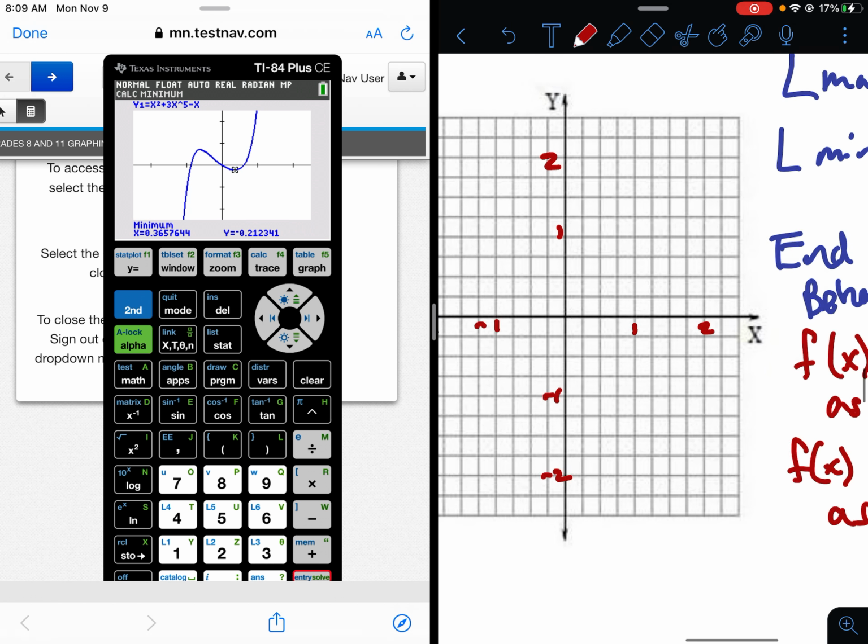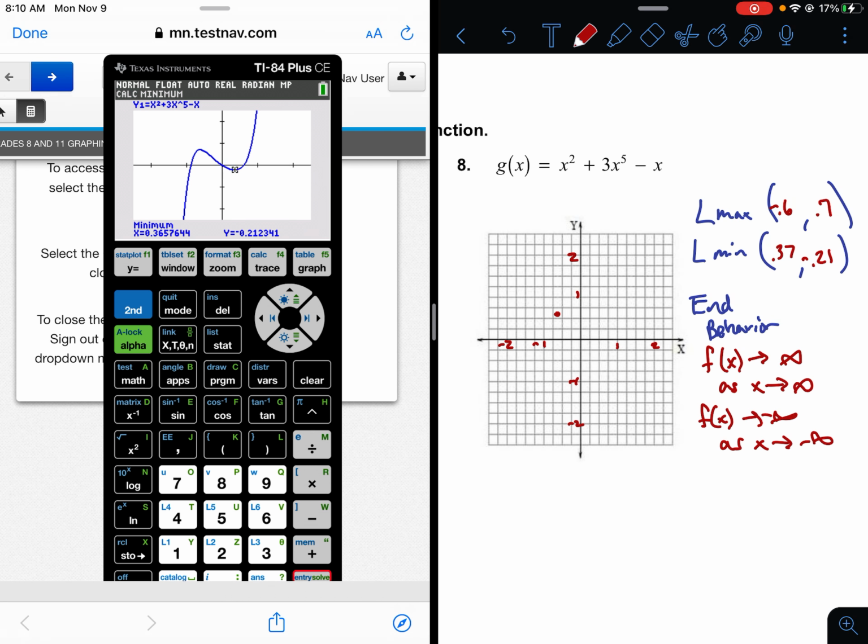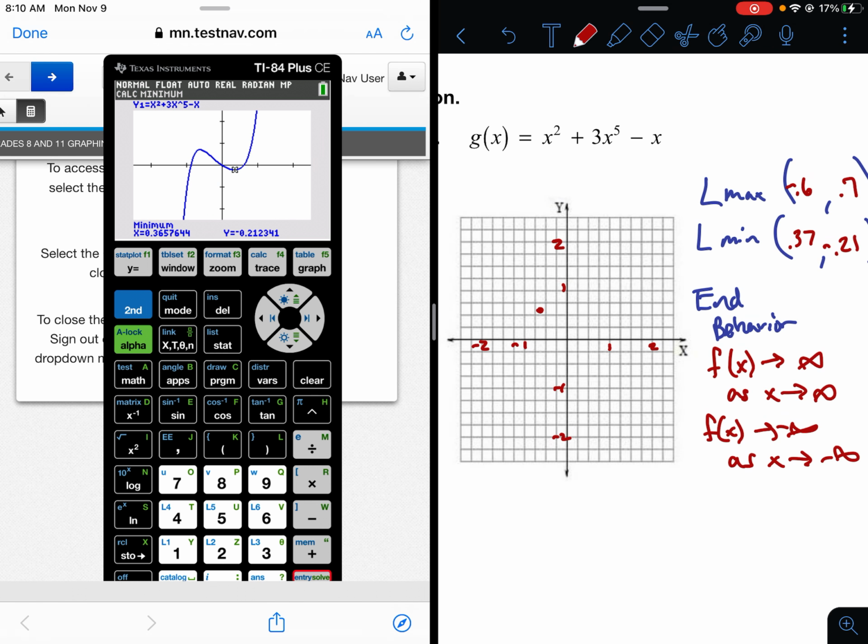So the local max of negative 0.6 will be here, and 0.7, so somewhere right there. Doesn't need to be exact. And the local min was 0.37 and negative 0.21, so somewhere right there.